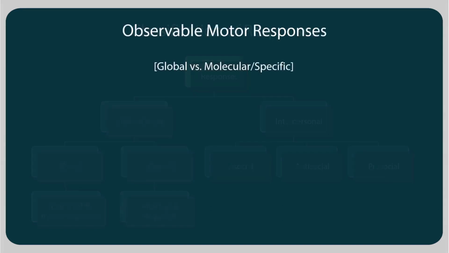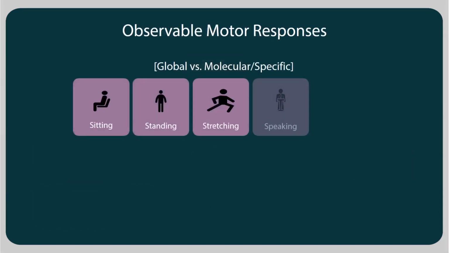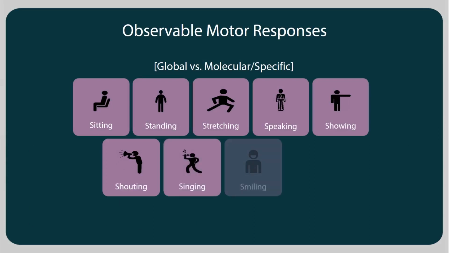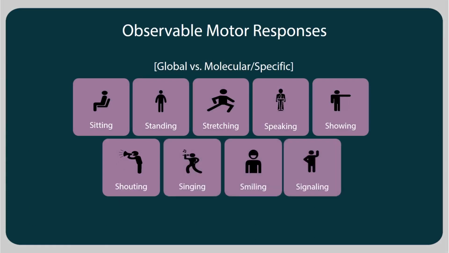I have listed as many as 9 motor responses. In fact, the list is endless. Anything which is pertaining to any set of muscles will definitely produce a response. For example, sitting is a motor response. Standing is another motor response. Stretching is yet another motor response. Speaking again is a motor response.